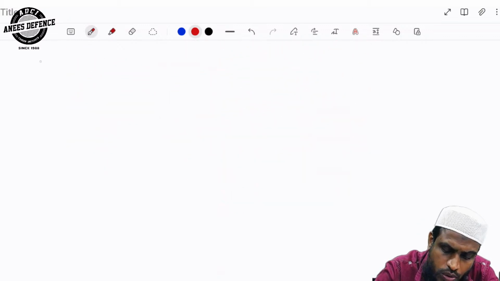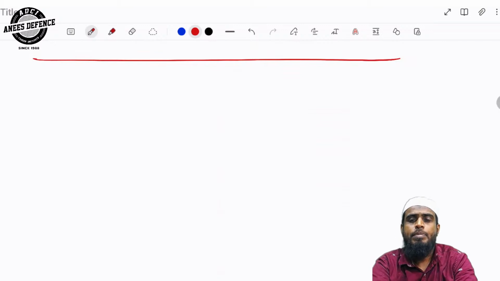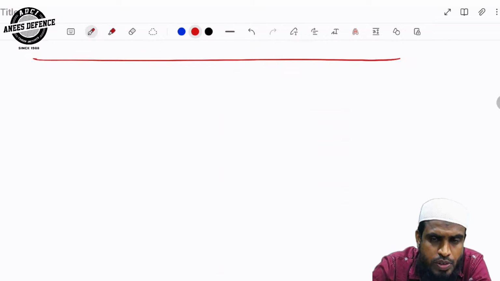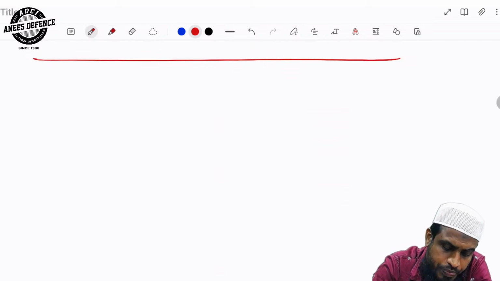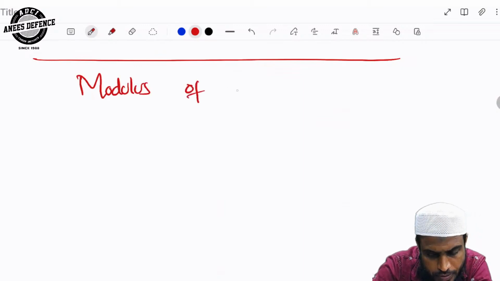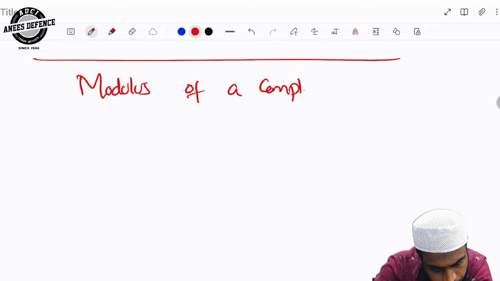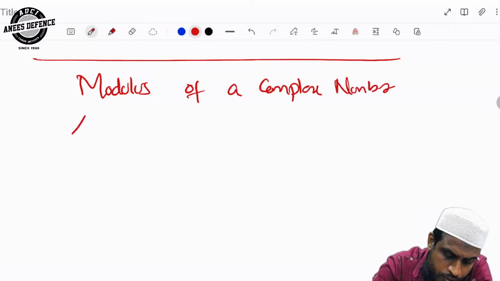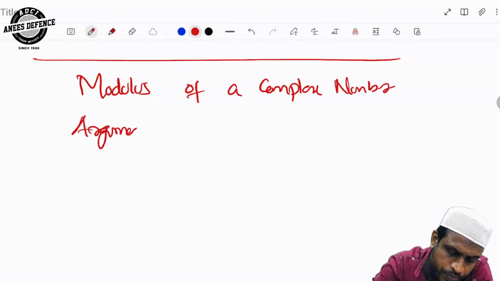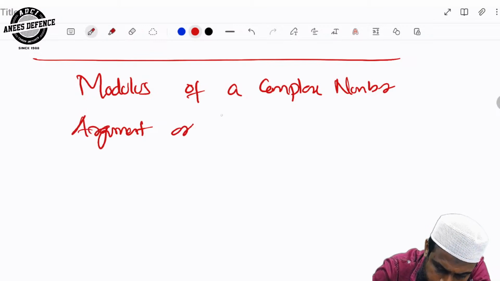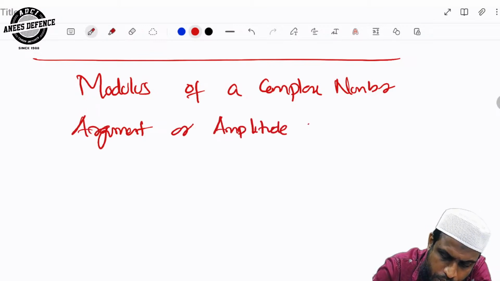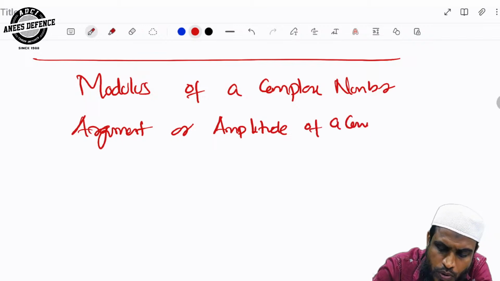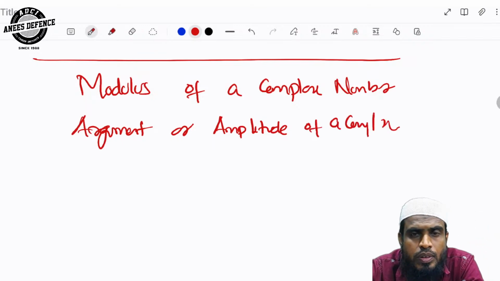Then there are another two important concepts that are basic parts of the complex number: the modulus of a complex number, and another one, the argument or amplitude of a complex number.